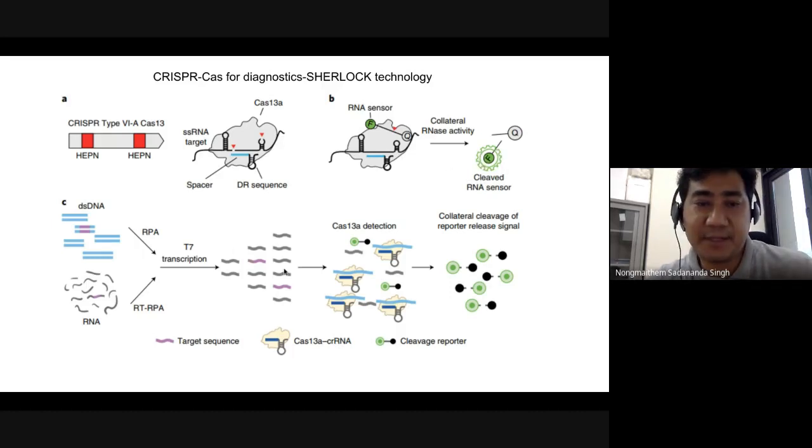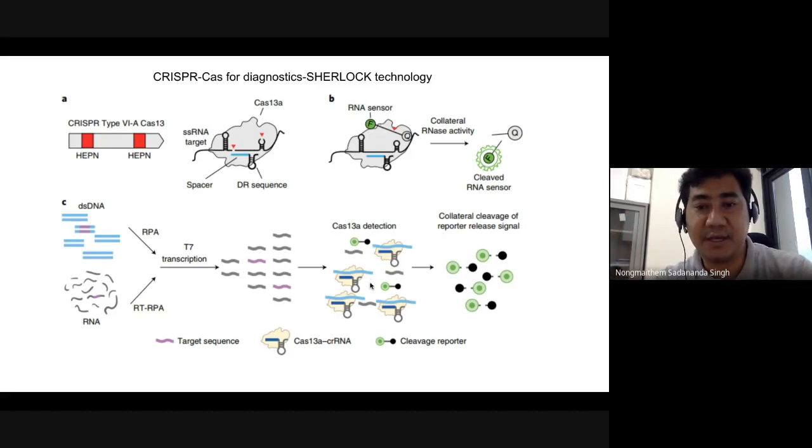So what people have done is you do something like this. You have RNA preparation from a COVID-19 patient or something. You get it and you put it in; this will be the kind of RNA input you will put in. Then you will supply it with the Cas13 and the guide RNA, which is specific to coronavirus 2. Then it will activate this neighboring RNA cleaving property.